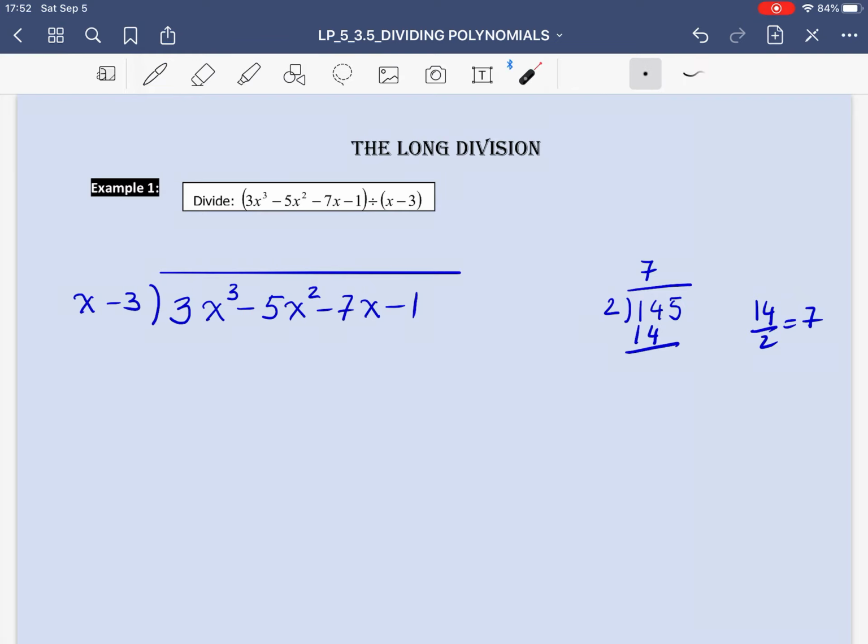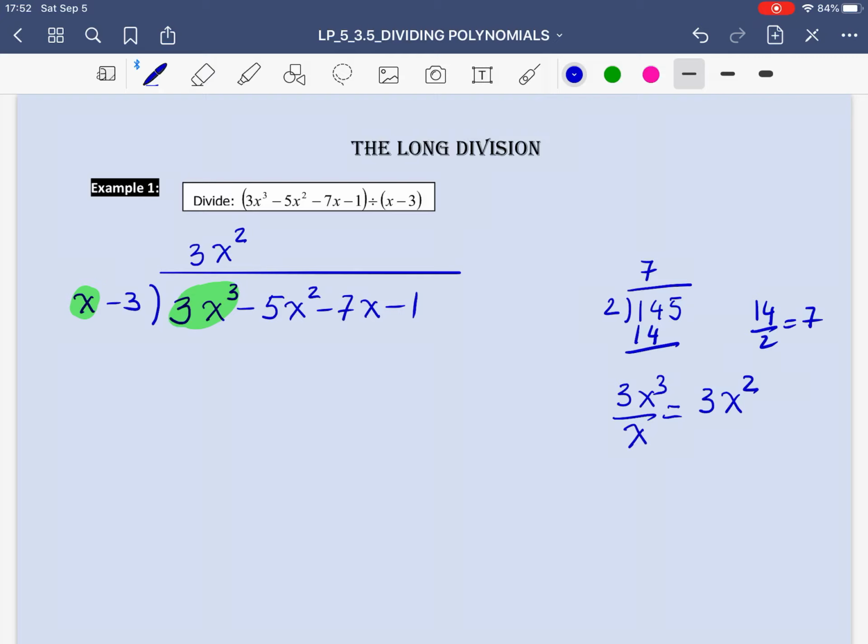So in this case, if we want to figure out how many times x goes into 3x cubed, we simply have to divide 3x cubed by x. And we know that 3x cubed divided by x is 3x to the power of 2. So again, as I mentioned, we are going to focus on the first terms first. And we're going to say 3x squared is the number of times x goes into 3x cubed.